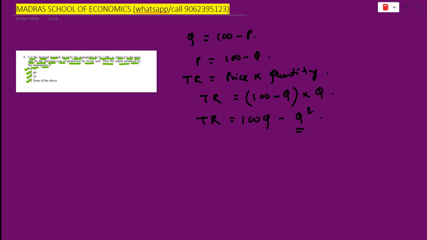Now we need the golden rule of economics: MR equals MC. If the next unit brings in more money than it costs to make, then you make it. And if it costs more than it brings in, stop. You are losing money. Now the marginal revenue.